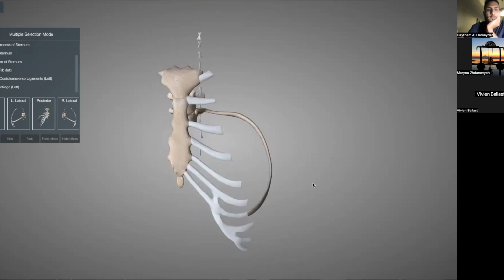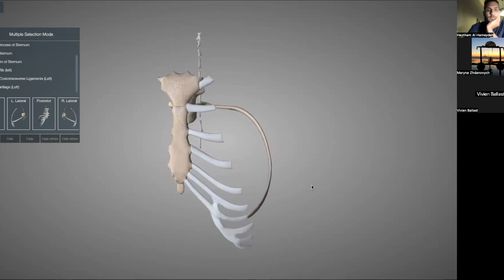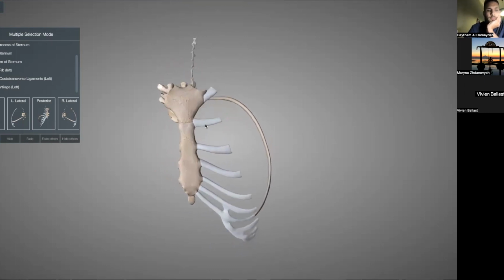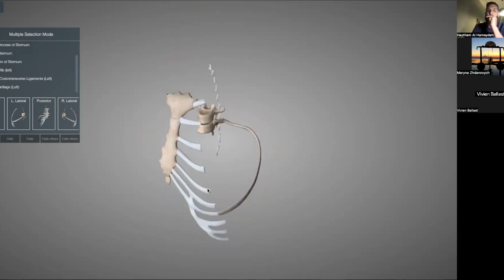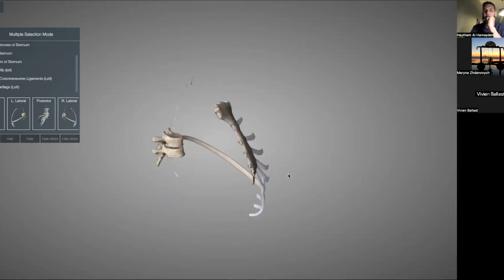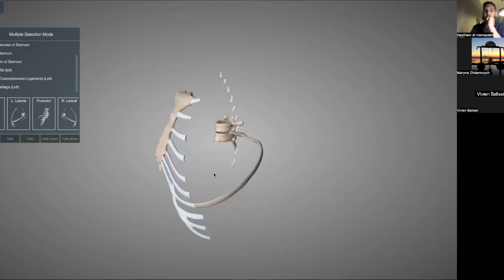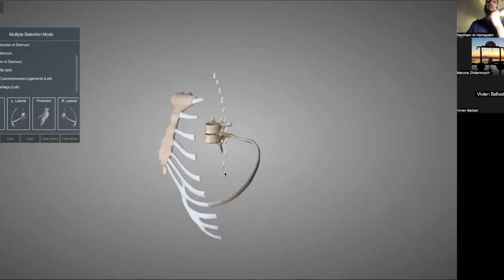So for the ribs, we're done, and we're focusing on the sternum, which is an unpaired flat bone. So there's just one, and it articulates with the ribs and the clavicle, with the first 7 ribs, and it also has parts: the manubrium, the body, and the xiphoid process.